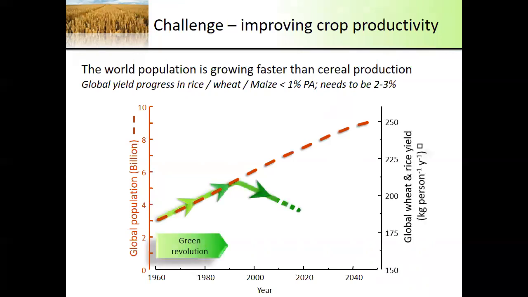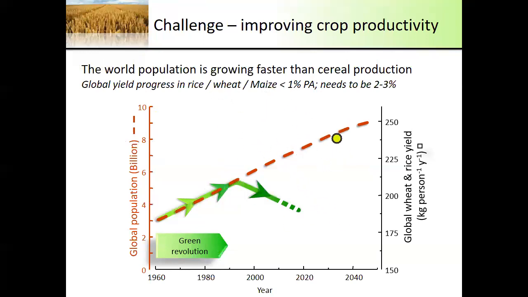Although in the 60s it was great that we had the Green Revolution and were suddenly able to outproduce our global needs for dietary intakes of wheat and rice, the 2 main grains consumed, maybe not necessarily here in the US, global yield progress at the moment is generally under 1% per annum increase.